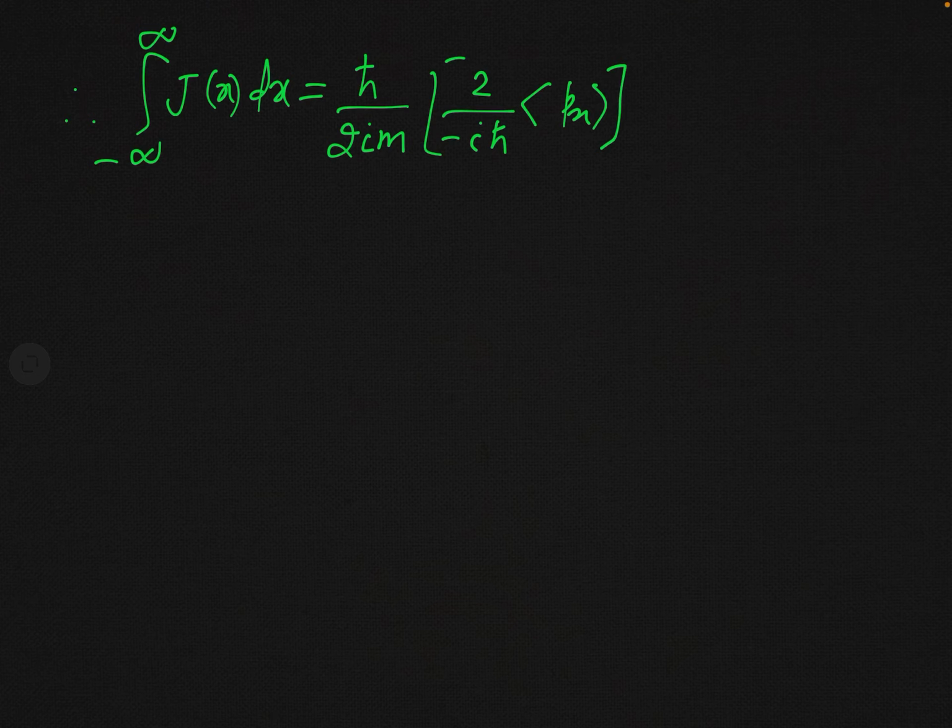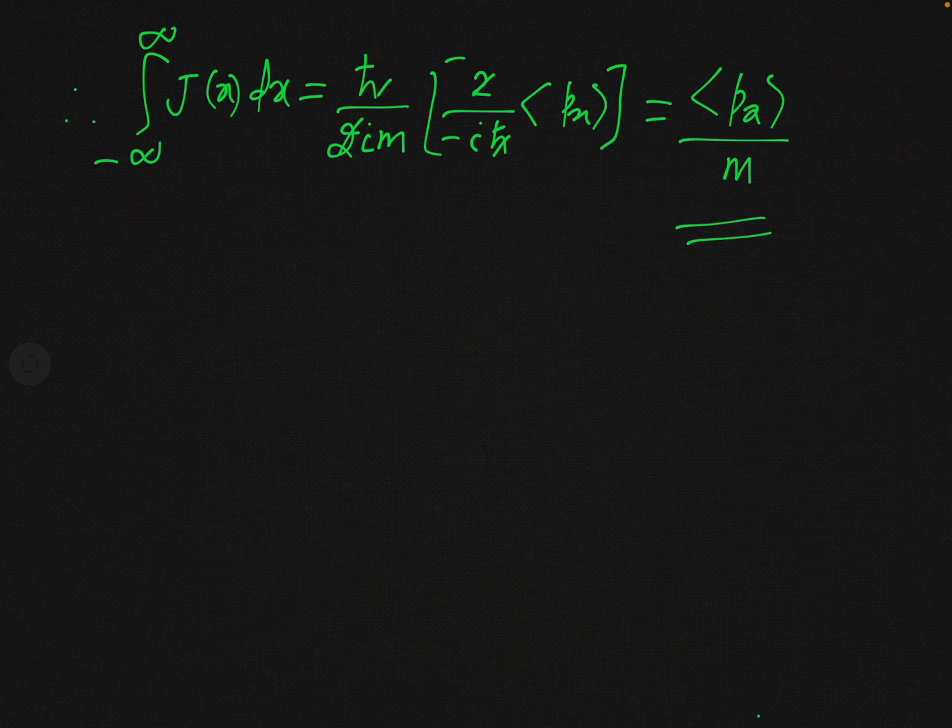And so you can see this I times I will be I square, which is minus 1, and so that minus will cancel out, and h cross also cancels, and this 2 is also cancel out, and so our result is what? This is simply expectation value of px over m.